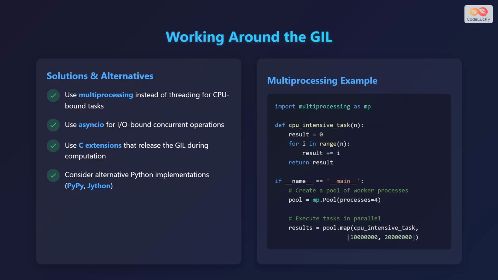For input-output bound concurrent operations, you can leverage async I/O, which allows a single thread to handle multiple concurrent tasks efficiently. Additionally, you can use C extensions that release the GIL during computation, allowing other threads to run in parallel. Finally, you might also consider alternative Python implementations such as PyPy, which employs a different approach to memory management and concurrency, and may not be subject to the same GIL limitations.